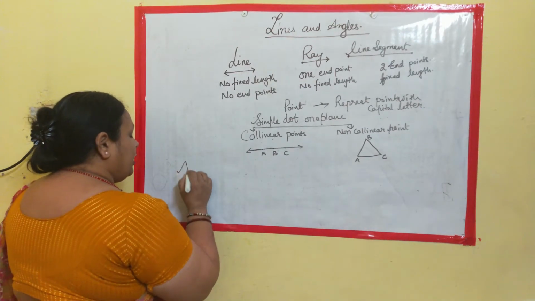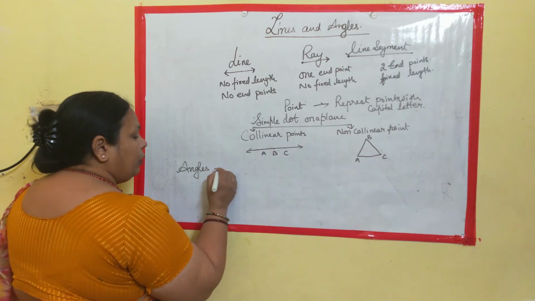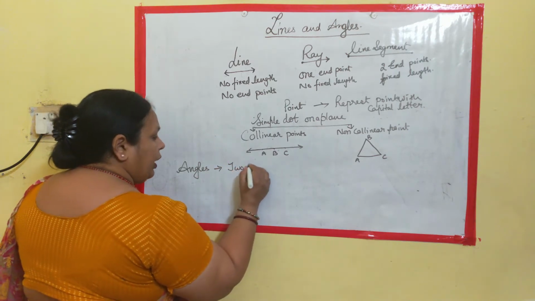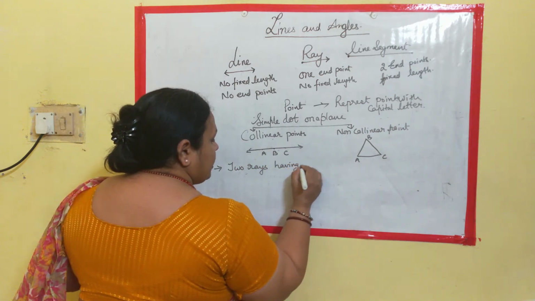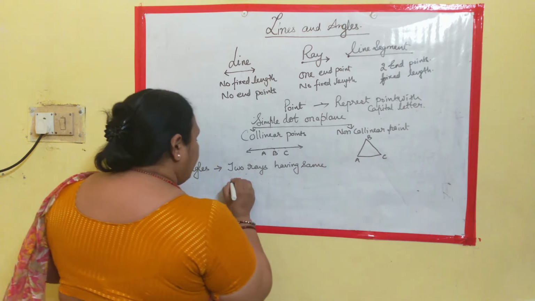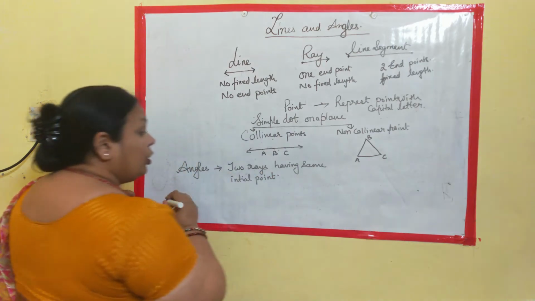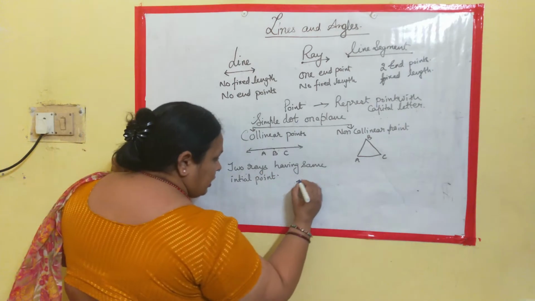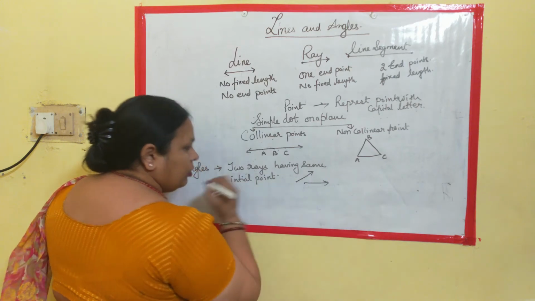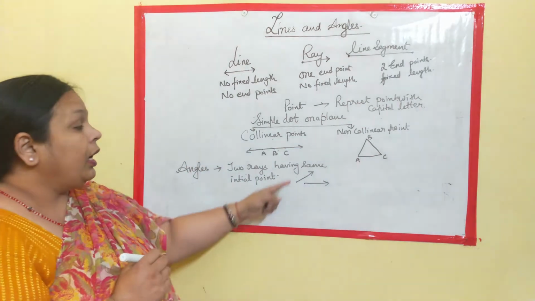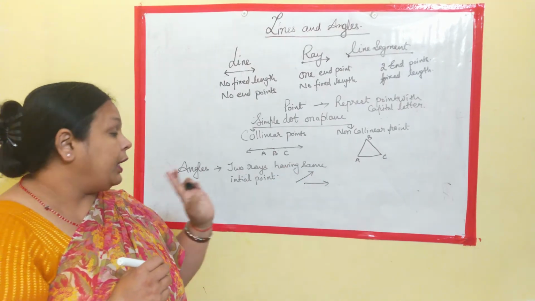Now what is an angle? Angle is a figure formed with 2 rays having the same initial point. Clear? 2 rays, that means, see, this is one ray, this is one ray, but a ray means having an end point and extended in one direction indefinitely.